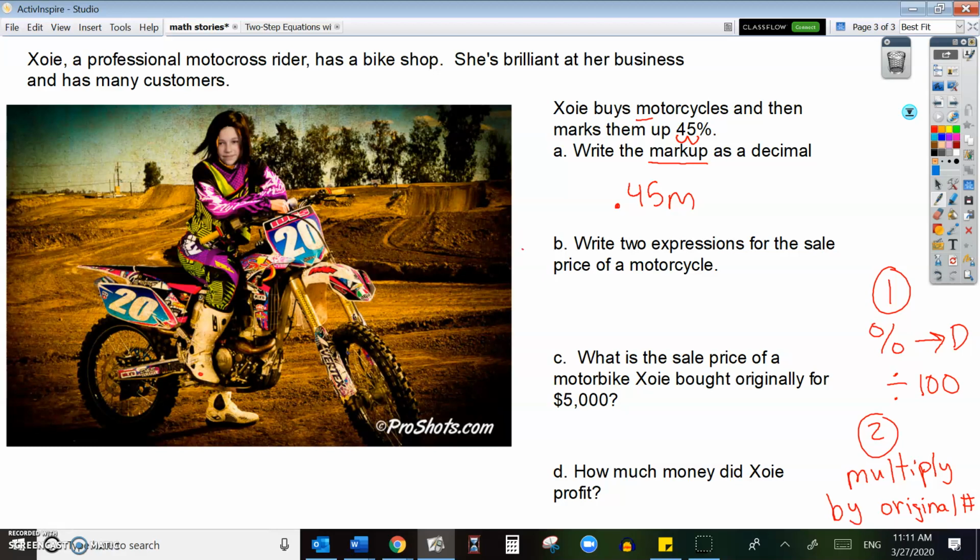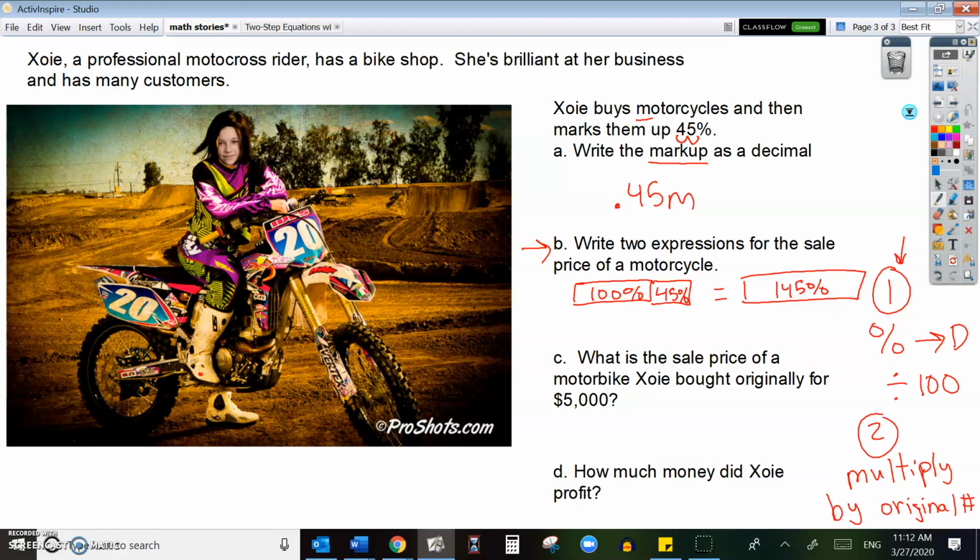Now, letter B, write two expressions for the sale price of a motorcycle. So please remember that you need your 100% original price plus you need the 45% markup. So you can add that together and get 145% and then do step 1.